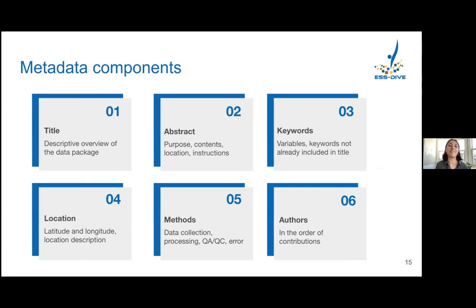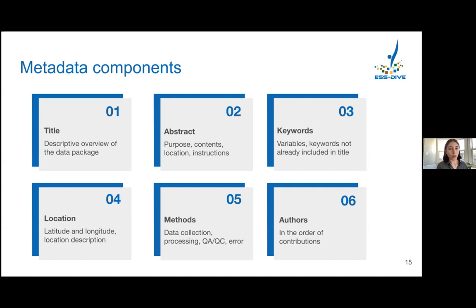Oh, gosh, okay. Yeah, so these are just a few of the metadata fields that are required by ESS-DIVE. Titles allow users to have a snapshot, a descriptive overview of the data package. An abstract is extremely important to provide the purpose, contents, and instructions for data use.